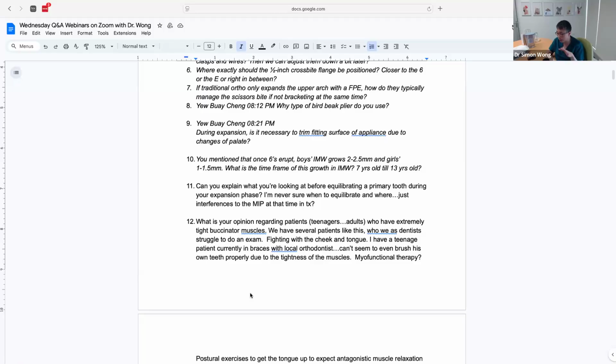We just want every tooth in the primary dentition in some form of contact with its opposing teeth, and you'll get a sense if there are certain teeth that are in premature contact, and particularly unworn cusps that are present in the primary dentition are the culprits that usually hold the bite up.